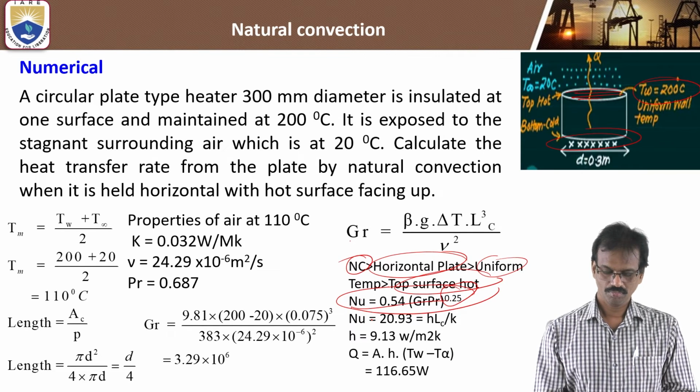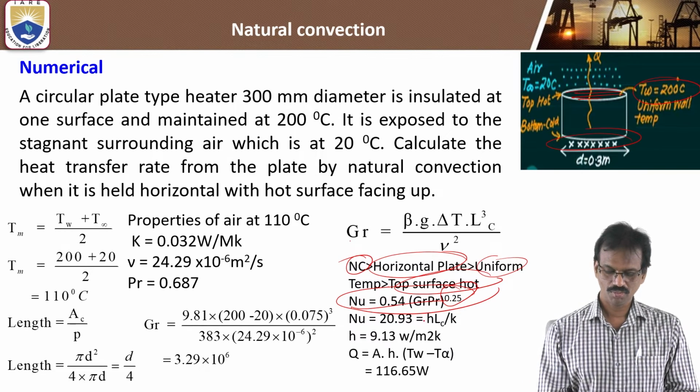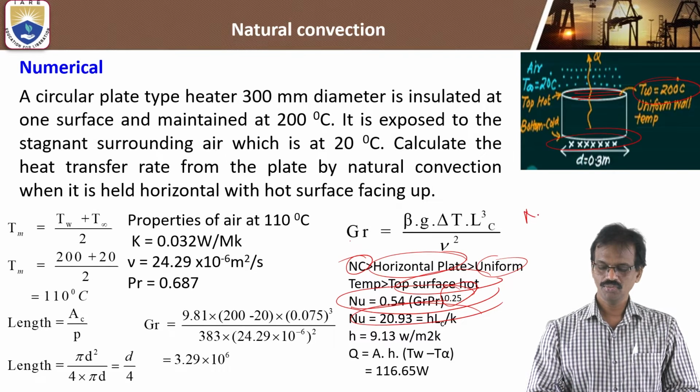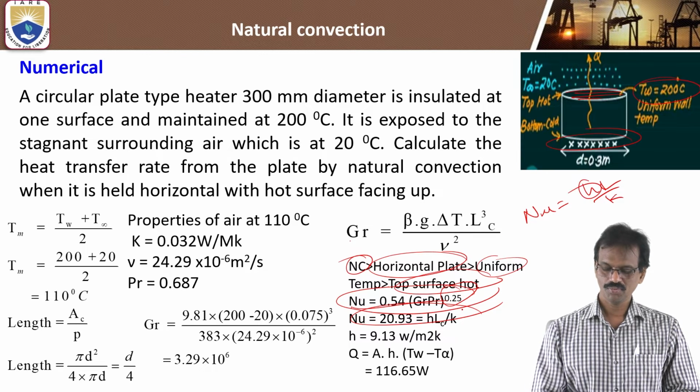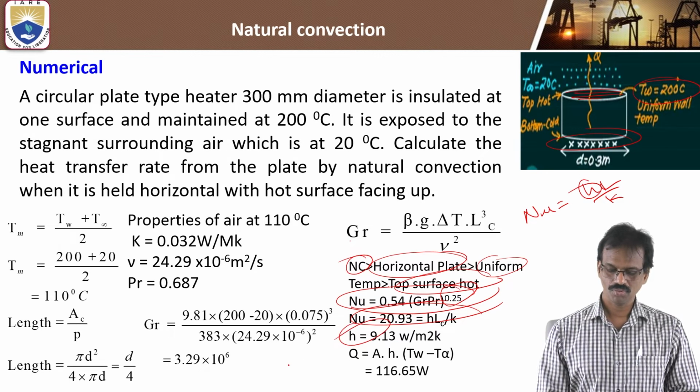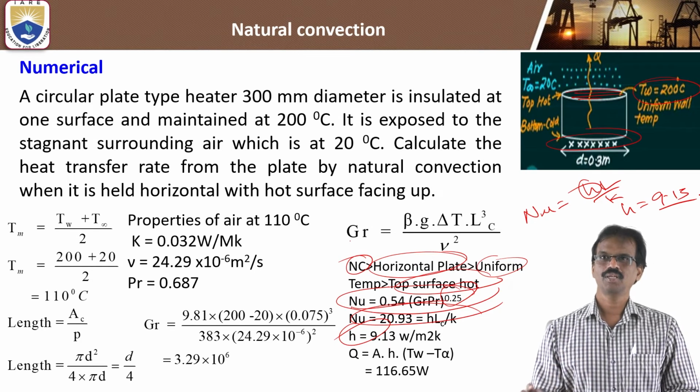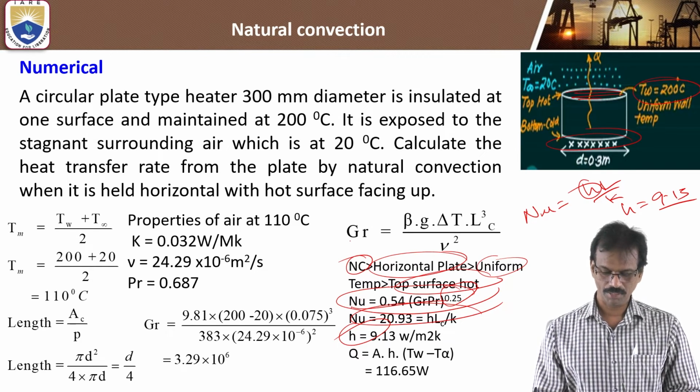If you solve this one, automatically you get the Nusselt value. Nusselt is equal to hL by k, so from this formula you can find out the h value. So h is equal to 9.13. I have given the direct values here.